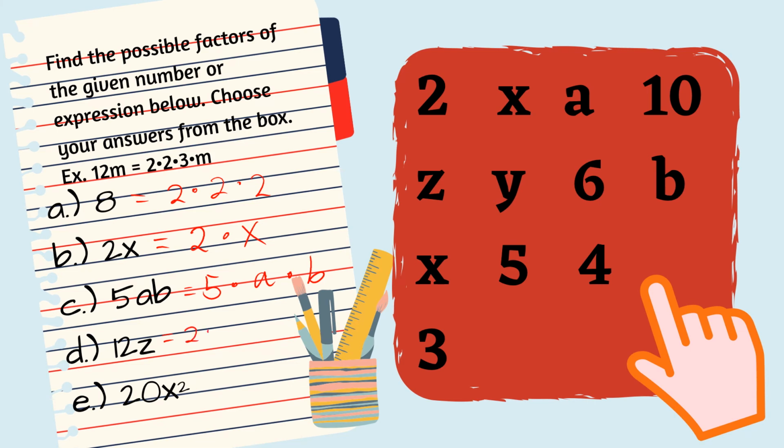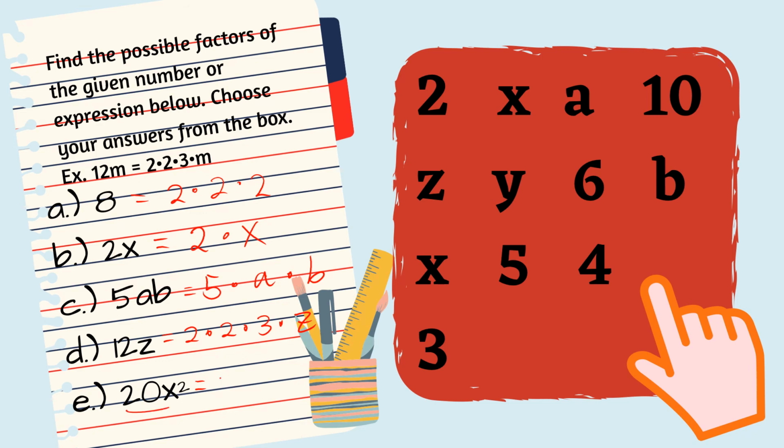So, that will be 2 times 2 times 3. And then, multiply natin yung variable, which is z. And for the last one, paano to? x squared. So, kung ilan yung exponent niya, ganun din yung bilang ng variable na magiging factor niya. So, ano munang factors ng 20?